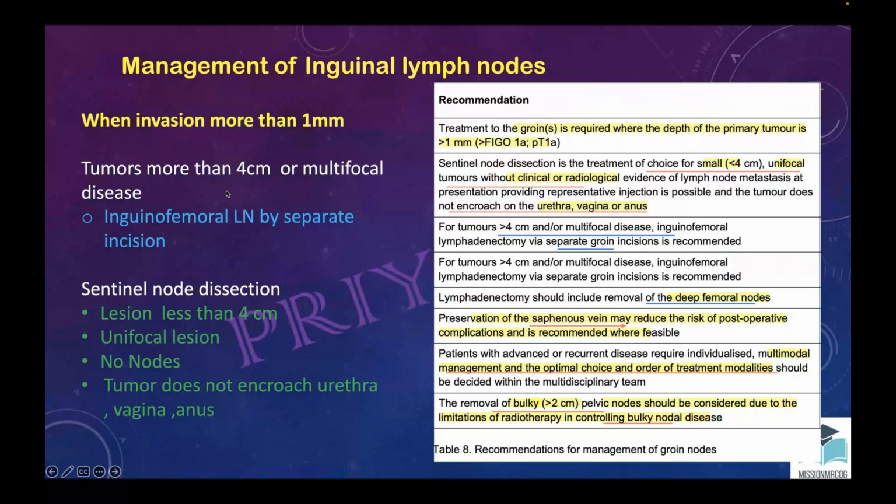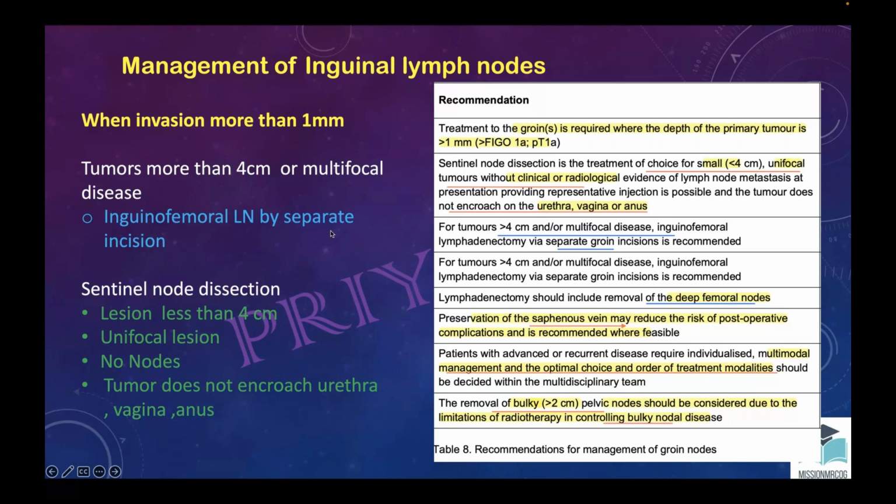If it is more than 4 centimeter or multicentric disease, then in that situation they will remove lymph nodes of both sides, and there would be a separate incision for the lymph nodes.